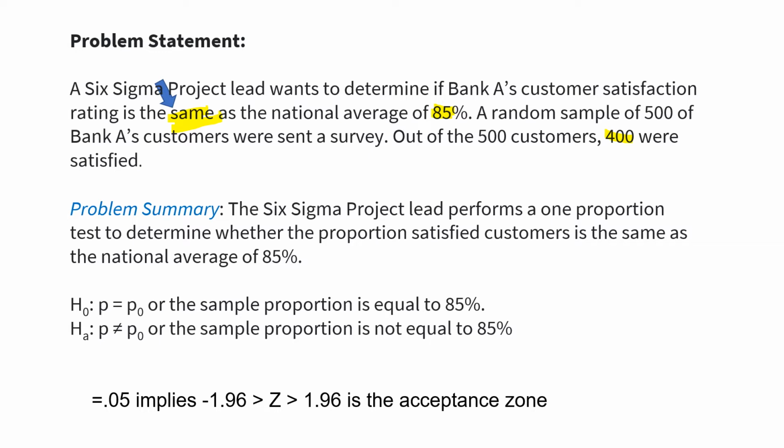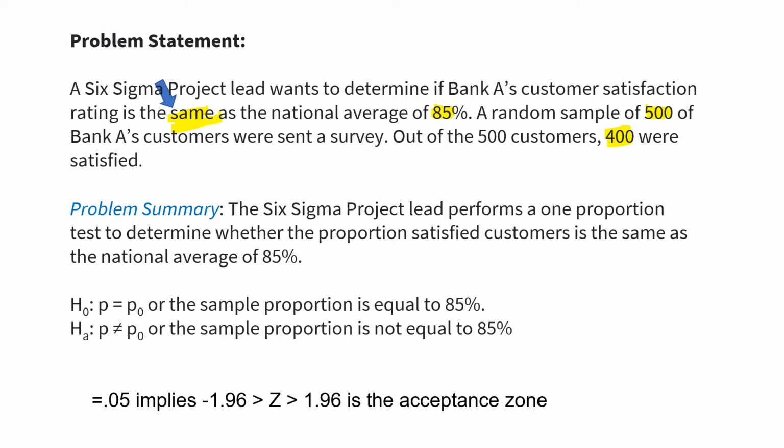Now you see over here, it is apparently evident that 400 out of 500 is 80%, which any of us can easily calculate. But is it possible that this particular sample actually belongs to this population wherein 85% is the average level of satisfaction?